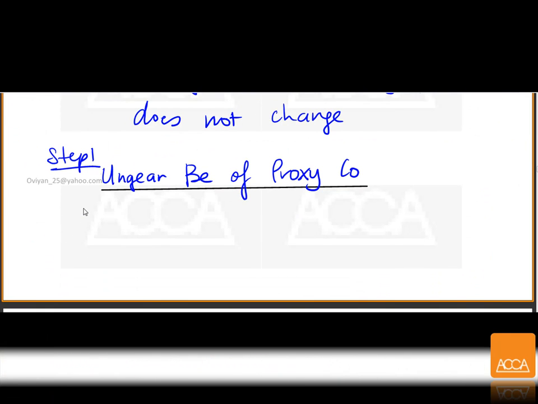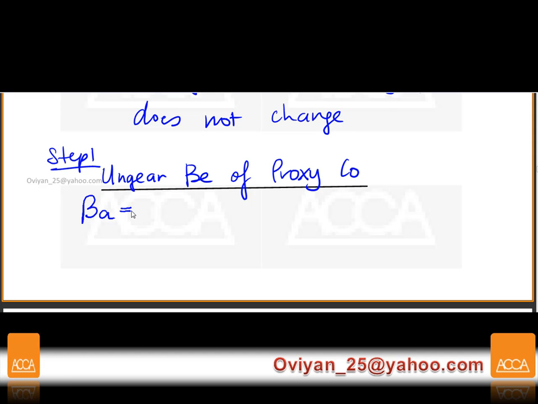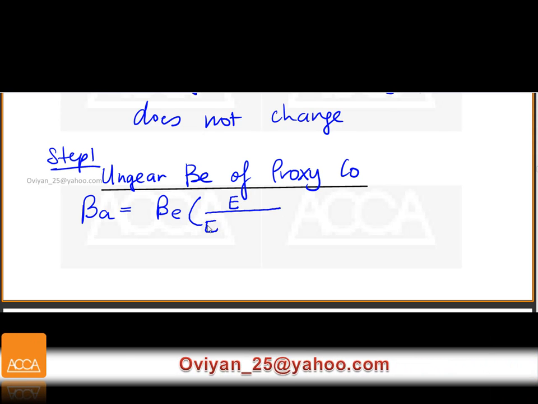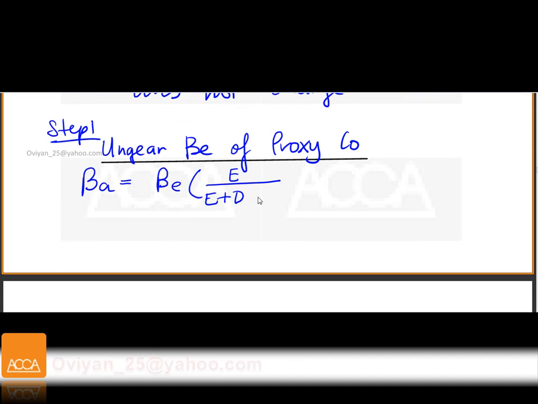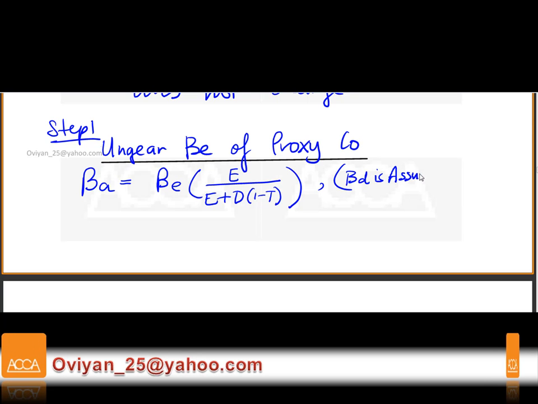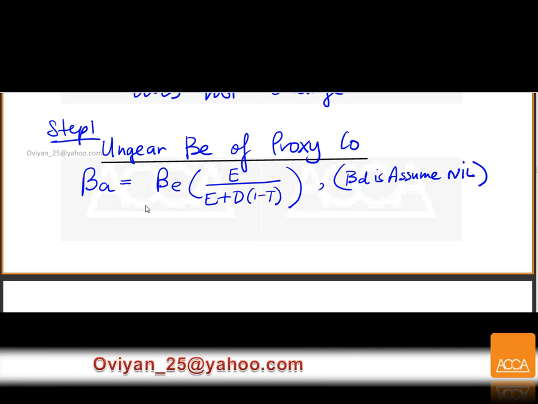Now beta asset is equal to, using a little formula here, beta equity multiplied by equity over equity plus debt times 1 minus tax, because there's a tax saving when you take debt. And I'm just going to put a comma and continue by saying beta debt is assumed to be nil. You don't have to continue that formula. Beta asset is equal to beta equity and this formula, and beta debt is assumed to be nil.